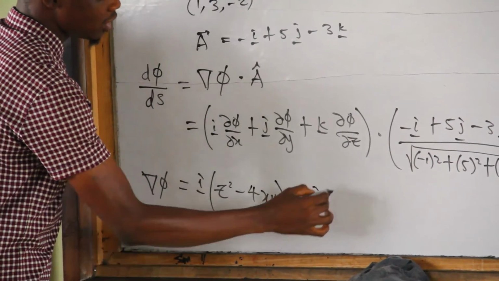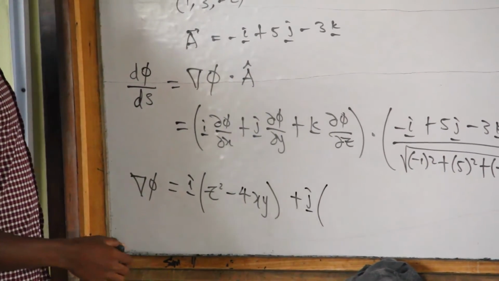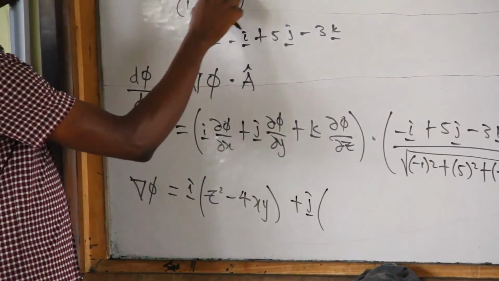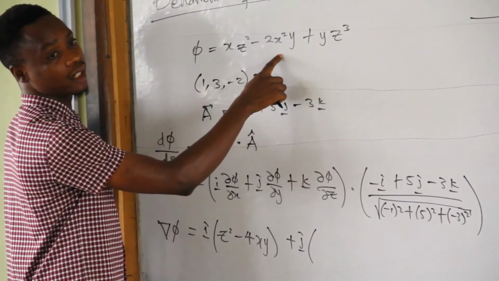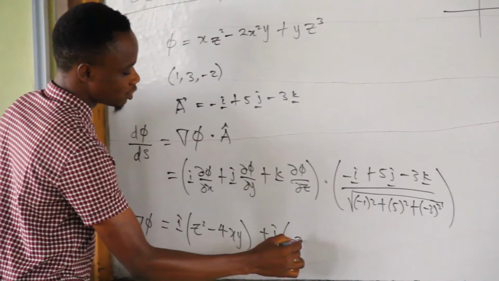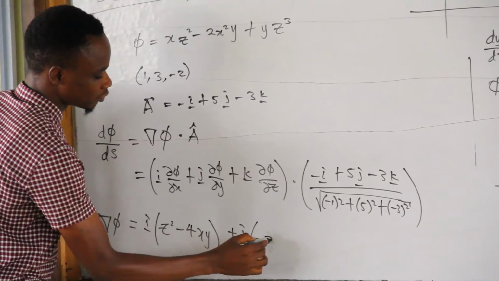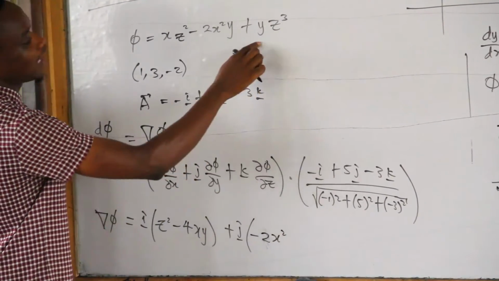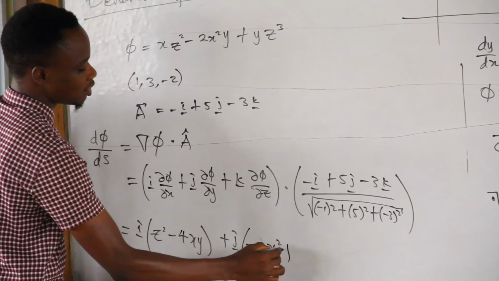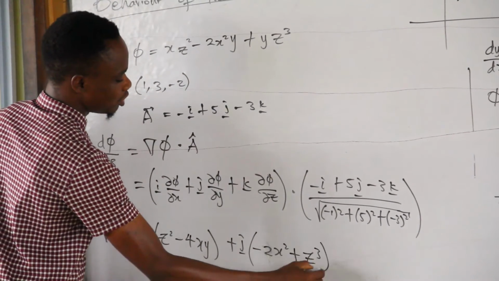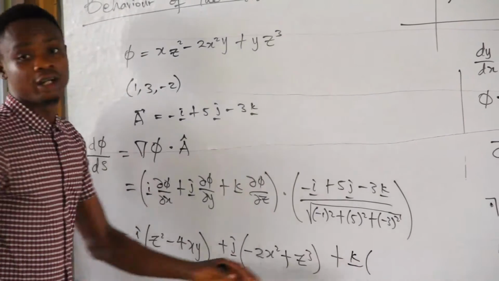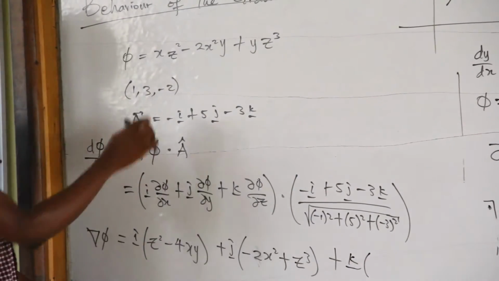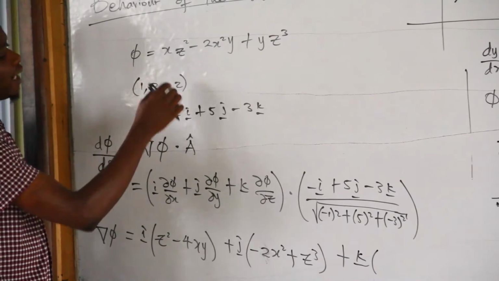Plus j into the derivative with respect to y: this is 0 for this, minus 2x squared, and for this, plus z cubed. Then plus k into the derivative with respect to z. That will be 2zx.